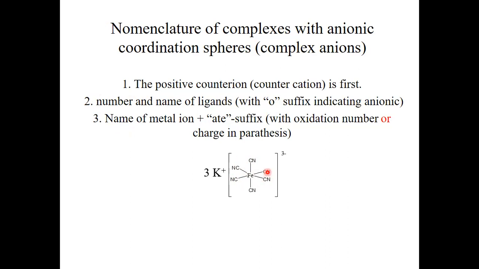So therefore we have a hexacyano fragment in the name. Note that for making pronunciation easier, we call the ligand not a cyanido ligand, but only a cyano ligand. So please remember that. So now we are done with step 2. Now let's go to step 3.